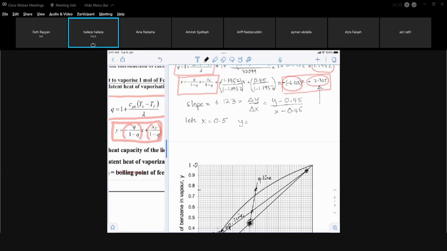If you calculate your y, let's see what we will get. 6.123, x is 0.5 minus 0.45, and that will be plus 0.45. See what's the value.